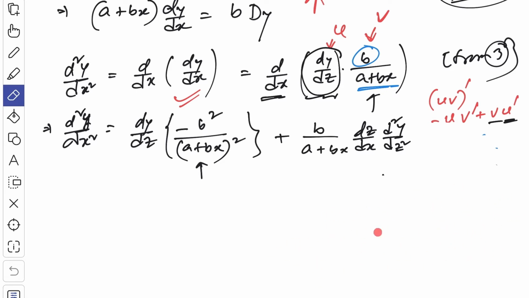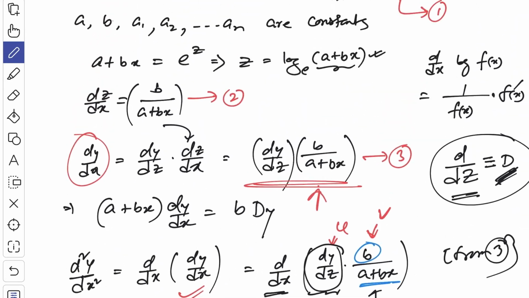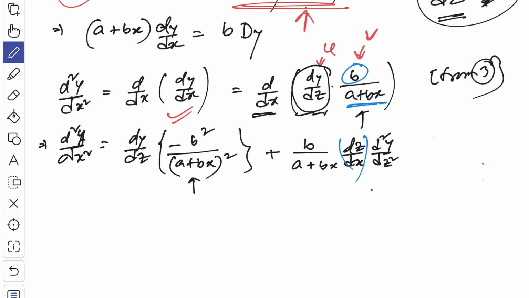Now again you see, dz by dx, you can replace this dz by dx by its value from equation number 2. If you use equation number 2 here, then what will you get?